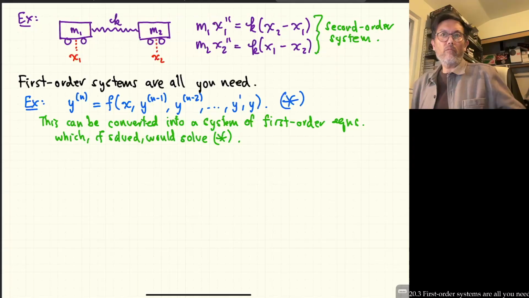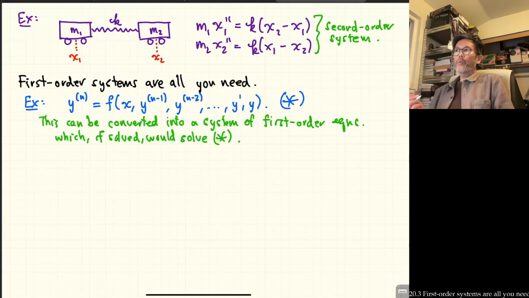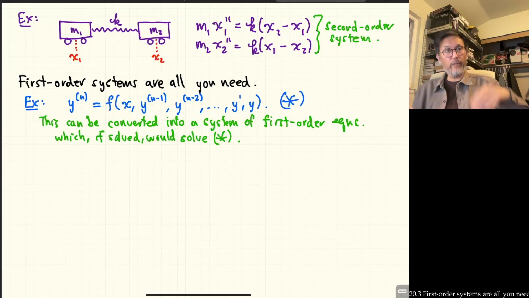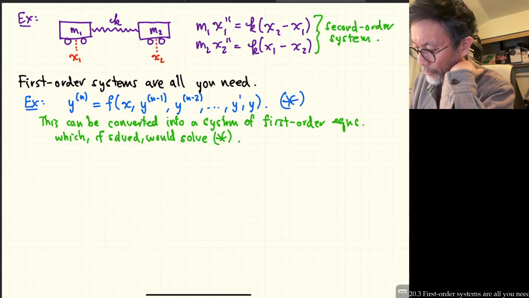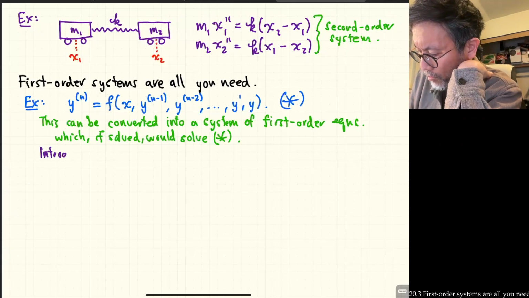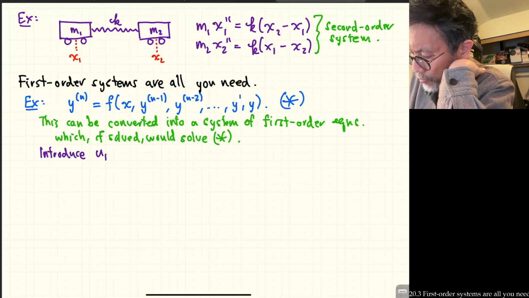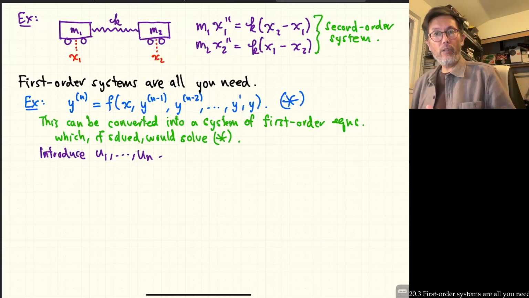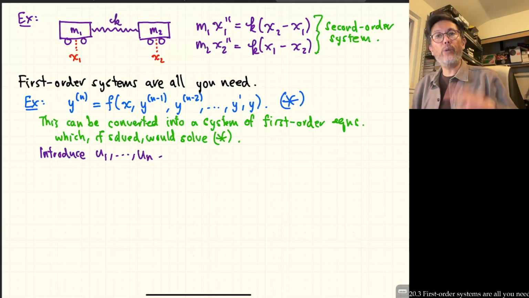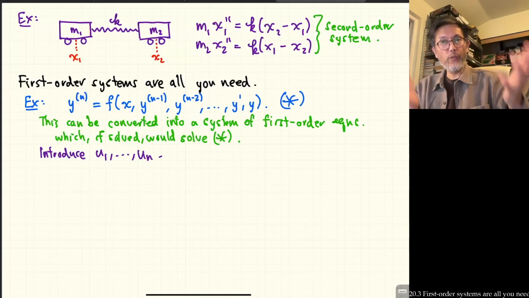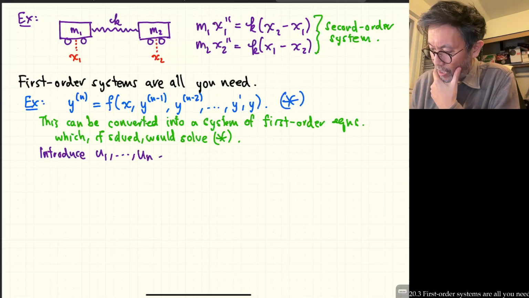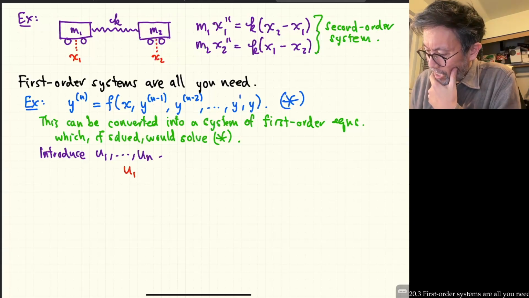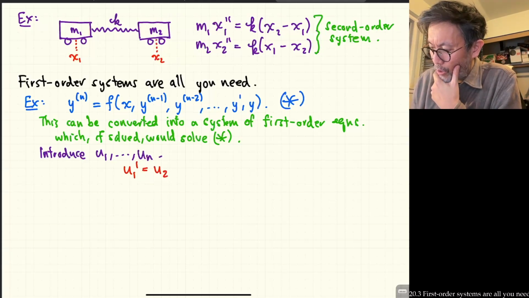So what is that system? We're going to introduce a bunch of variables, u1 through un. The n dependent variables are all going to depend on x in some way. Now I'm going to write down a system of first order equations. Here's the first equation: u1 prime is equal to u2.